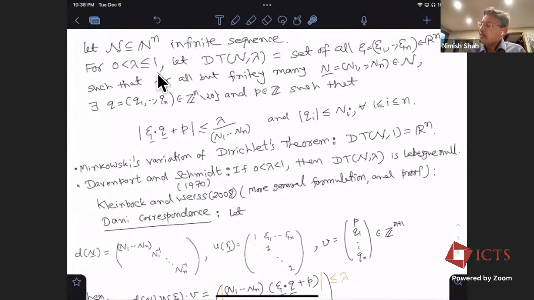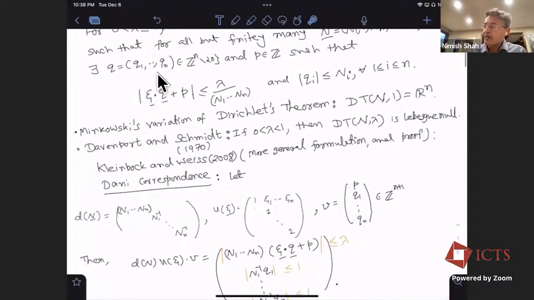So they said that in fact, if you put any lambda which is less than 1, then this set is Lebesgue null. So really, almost all points you cannot approximate in this manner. So they are not in D_t(lambda) for any lambda less than 1. Okay, so this set is Lebesgue null.